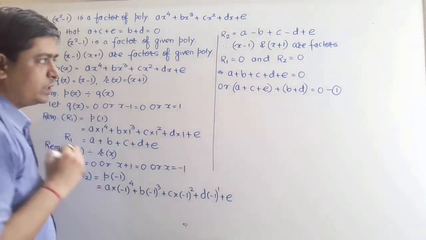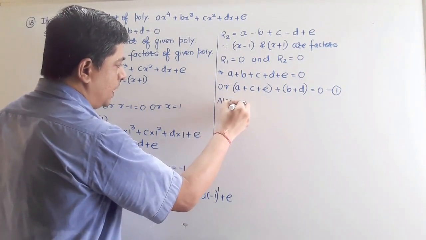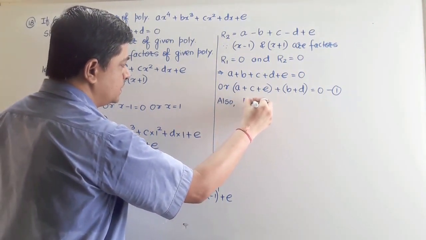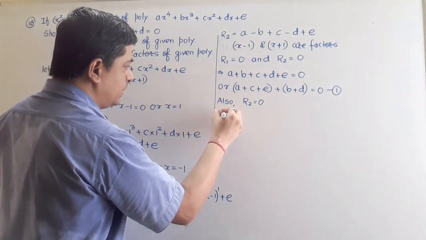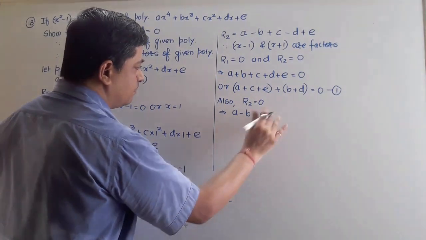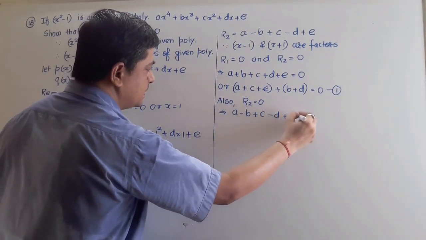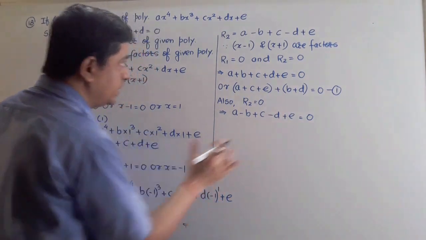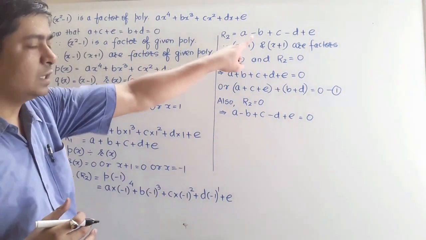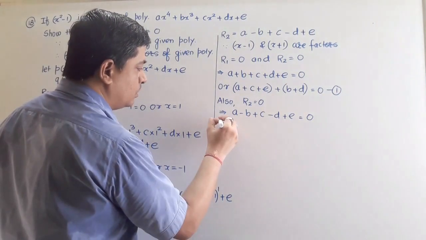Okay, now take the value of R2 as 0. So also I am taking here R2 is equal to 0. What is the value of R2 I have? A minus B plus C minus D and then plus E is equal to 0. This is the value of R2 we found in the earlier steps. Now minus B and minus D I am sending to that side.